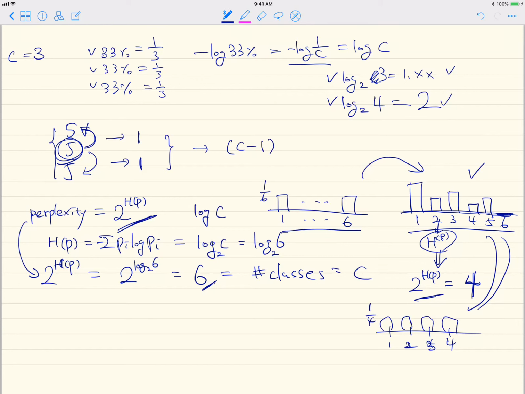So this perplexity value is roughly the number of classes or different cases that you can expect in a fully random or fully uncertain situation. Okay, so this perplexity is also frequently used as an evaluation or accuracy measure of your neural net model for multi-class classification.